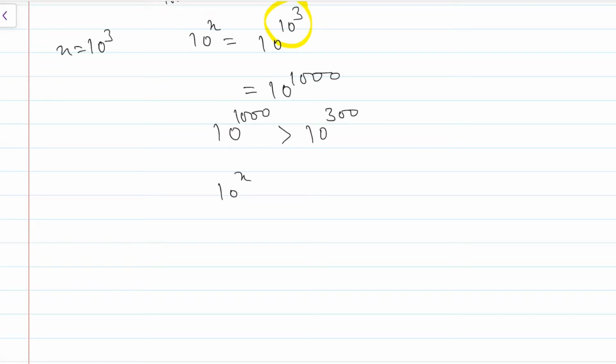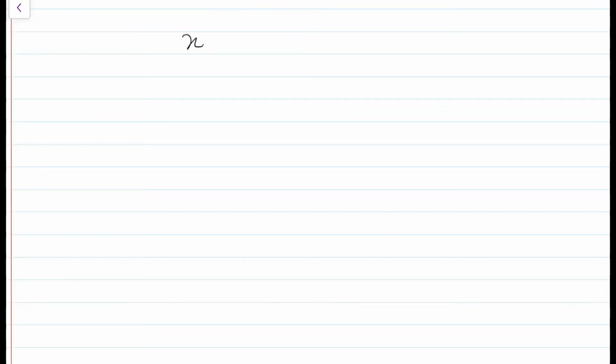Clearly, here 10 raised to the power x is greater than x raised to the power 100 for x is equal to 10 cubed. It may be easily shown that for all x greater than 10 raised to the power 3, 10 raised to the power x is greater than x raised to the power 100.